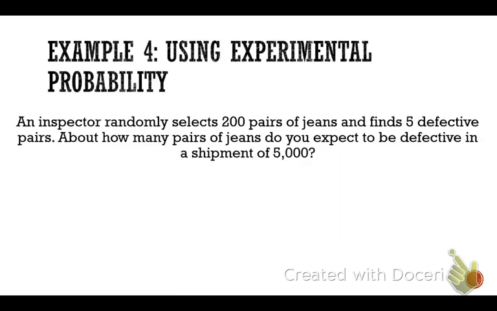Okay, so let's look at this next one. It says an inspector randomly selects 200 pairs of jeans and finds 5 defective pairs. About how many pairs of jeans do you expect to be defective in a shipment of 5,000? So again, would this be experimental probability or theoretical? They actually did this.